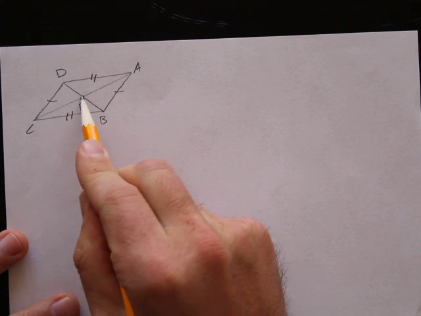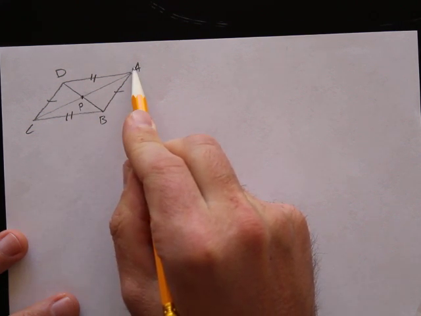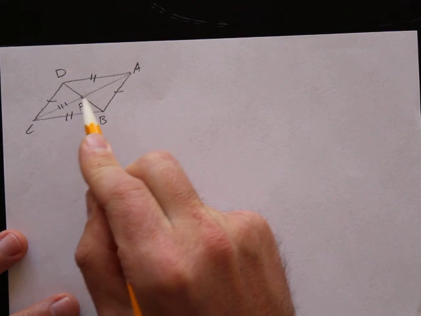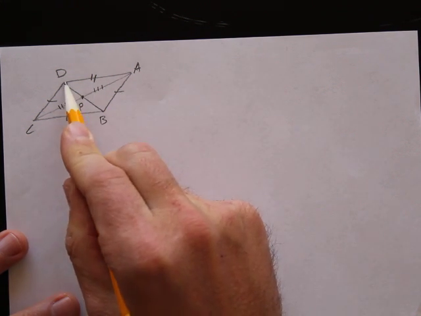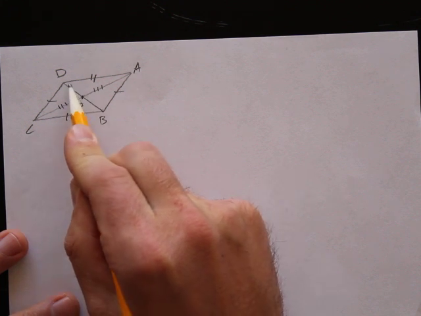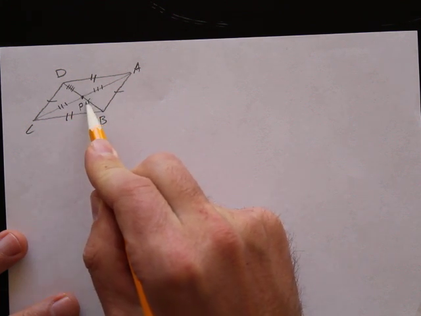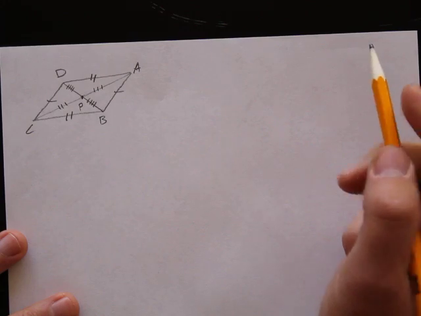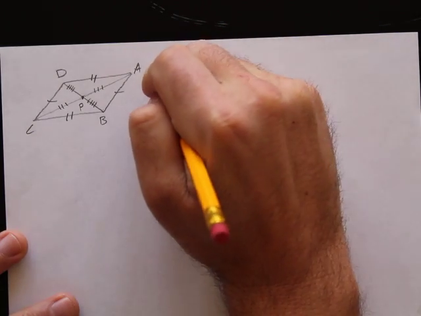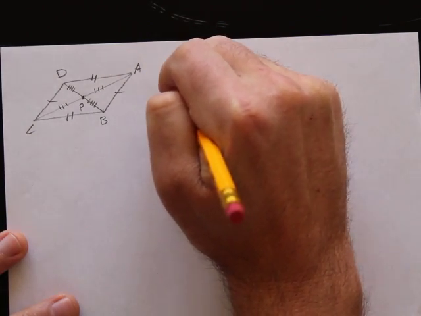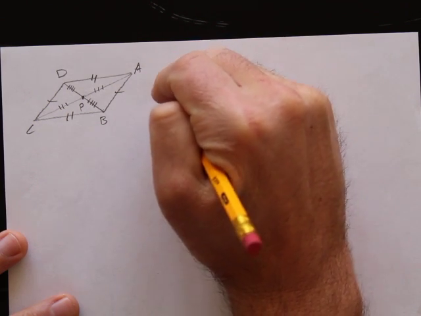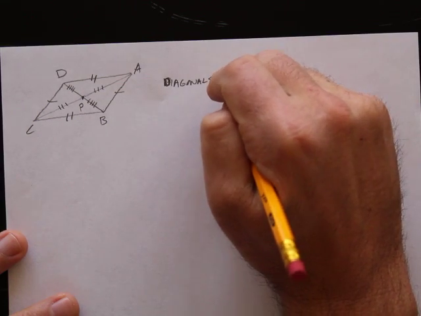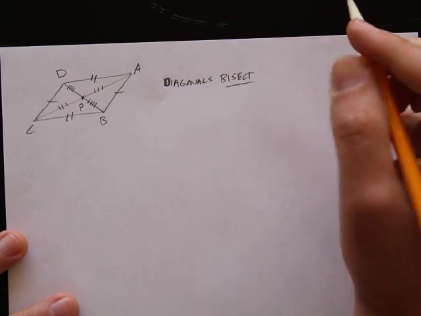Now, CP and PA are congruent. I put 1, 2, 3 marks on those because I already used 1 and I already used 2. DP and PB, those are congruent. So diagonals bisect each other.